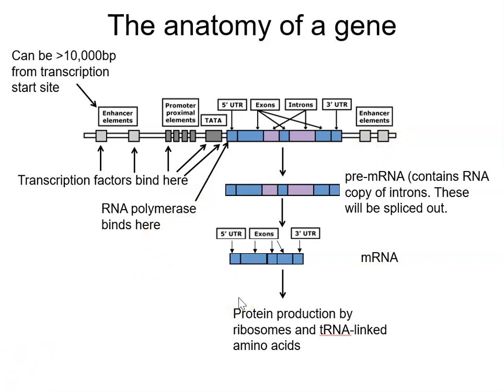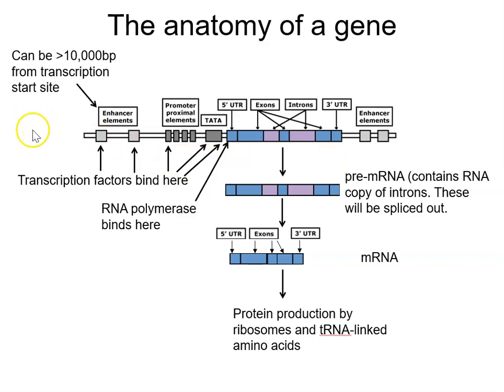So firstly, it's a good idea to have an idea of the scale of the size of a gene. If you think about our genome of 3 billion base pairs of DNA, somewhere in the tens of thousands, maybe 20 to 30,000 different genes within there, and each individual gene can span anywhere from a few tens of thousands of base pairs of DNA up to a few million base pairs of DNA.